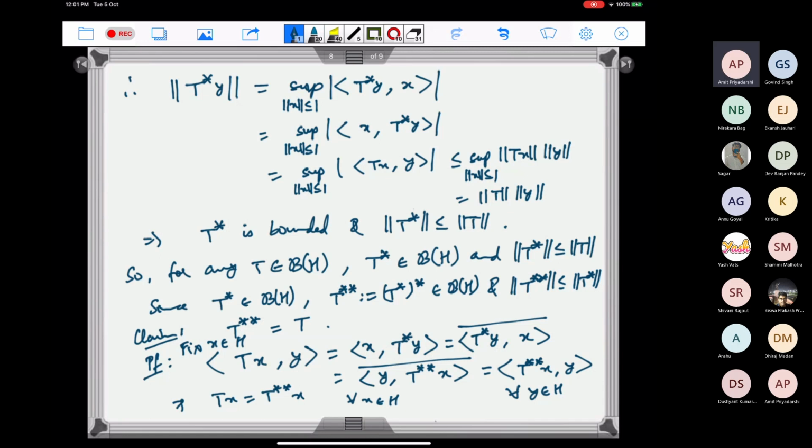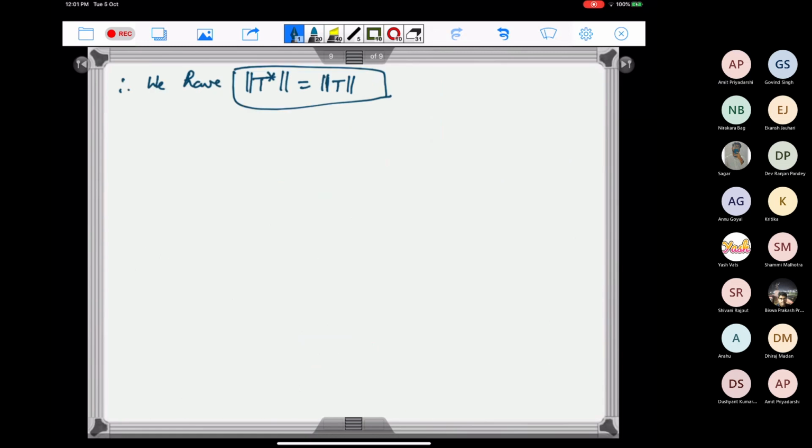So we get the norm of T is also less than or equal to the norm of T star. So T star is linear, it is continuous. The norm of T star is the same as the norm of T.